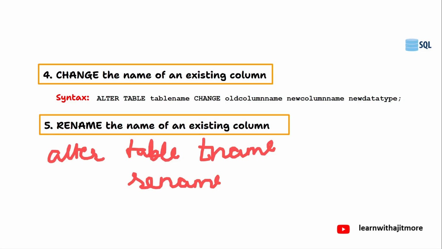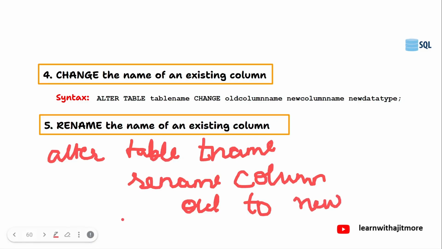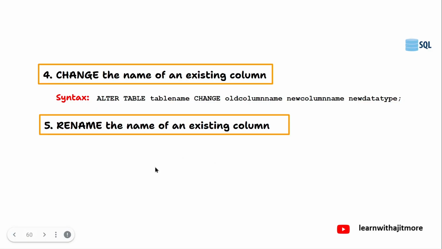So here also: rename column, then the old name, then to is a keyword here. While in change, we don't have to. Here to is there, old to new. That's all. And if you want to rename a table, then instead of the word column, you have to write table. This part you don't have to write. Directly you will write rename table old name to new name. I'll come to that rename command for table renaming also.